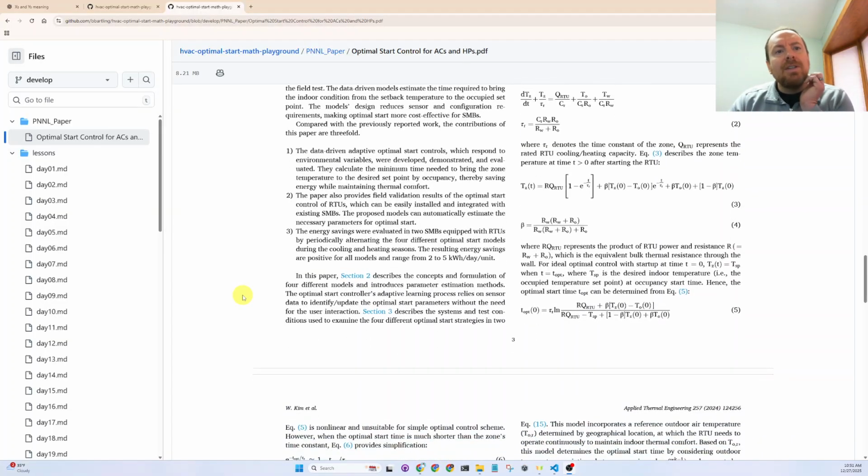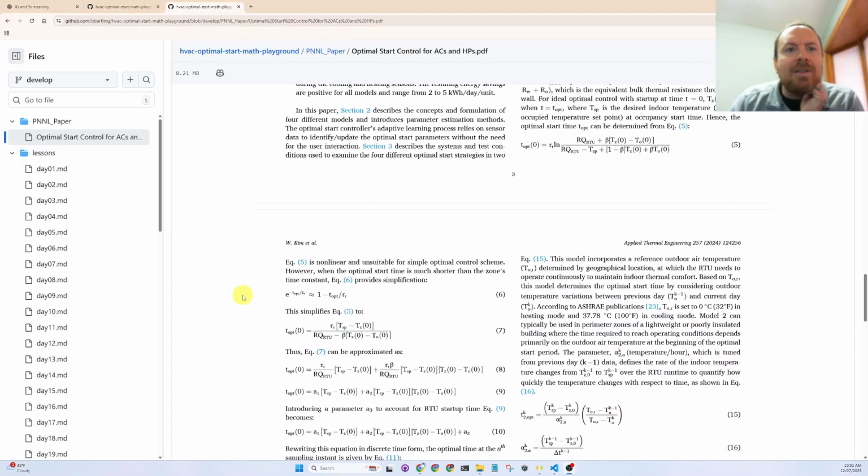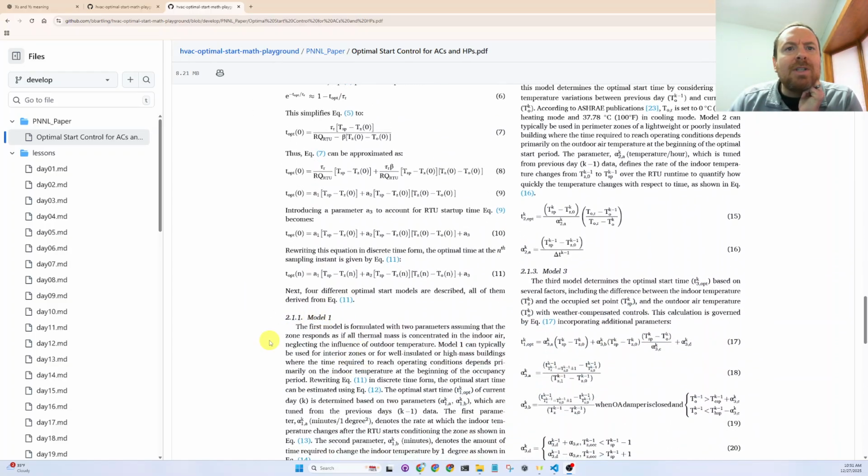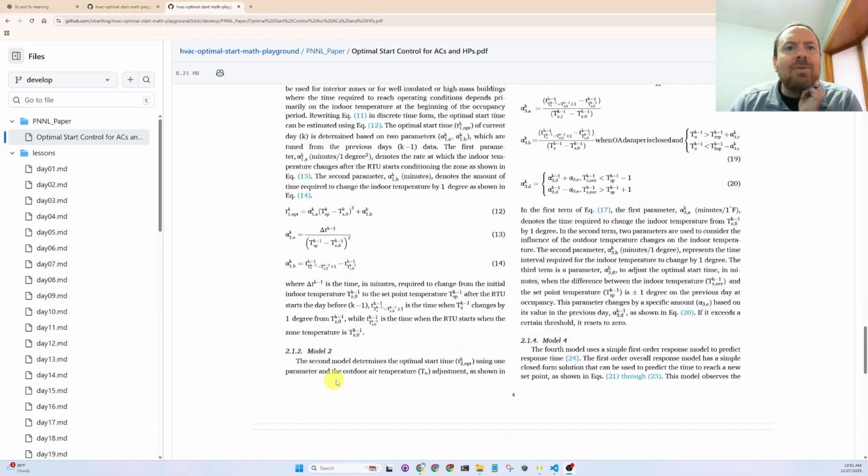And okay, so now we're getting into the more complicated models. So model 1, which we did already, model 2, which we did already. Model 1 was the quadratic representation of the difference between the occupied zone set point and the zone temperature before the zone is occupied.